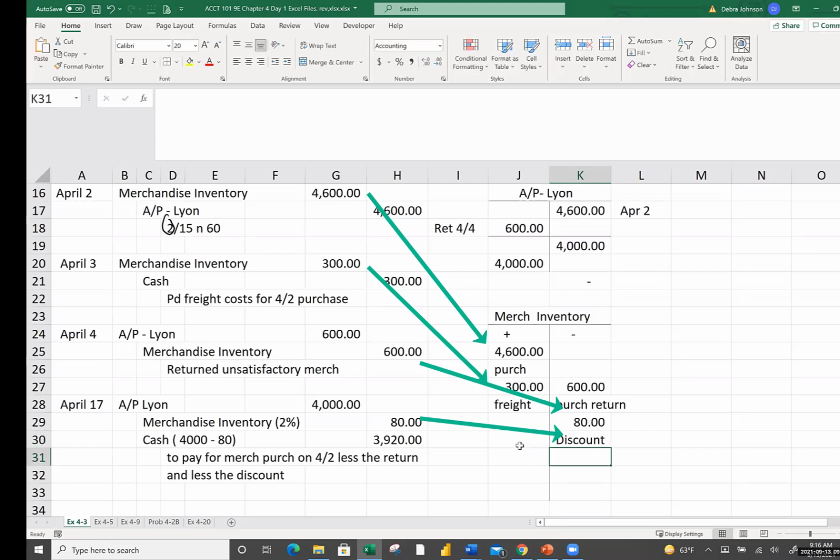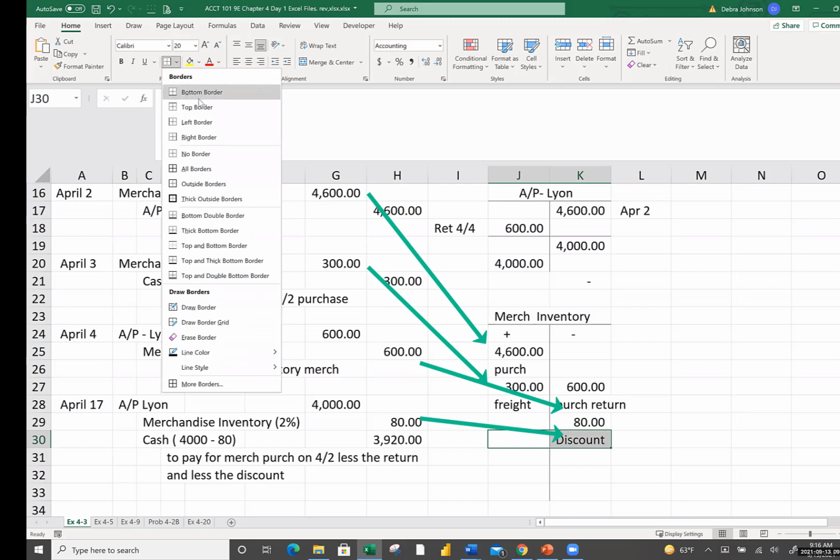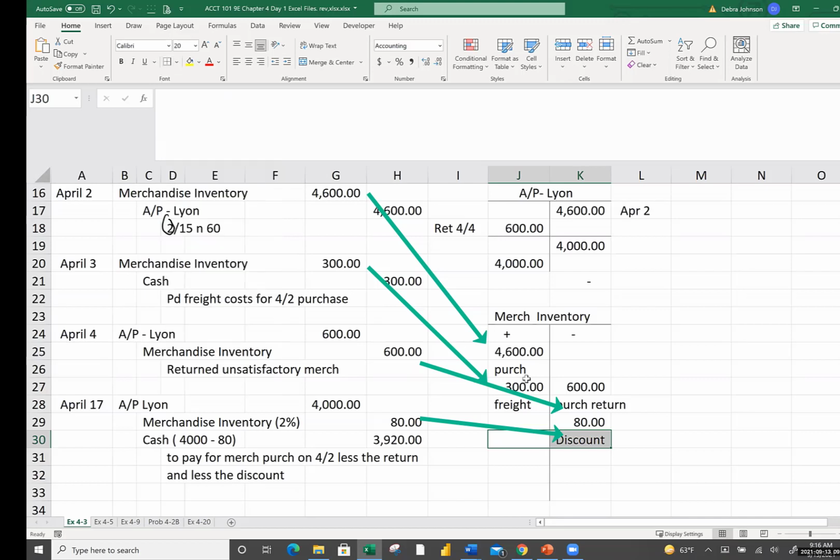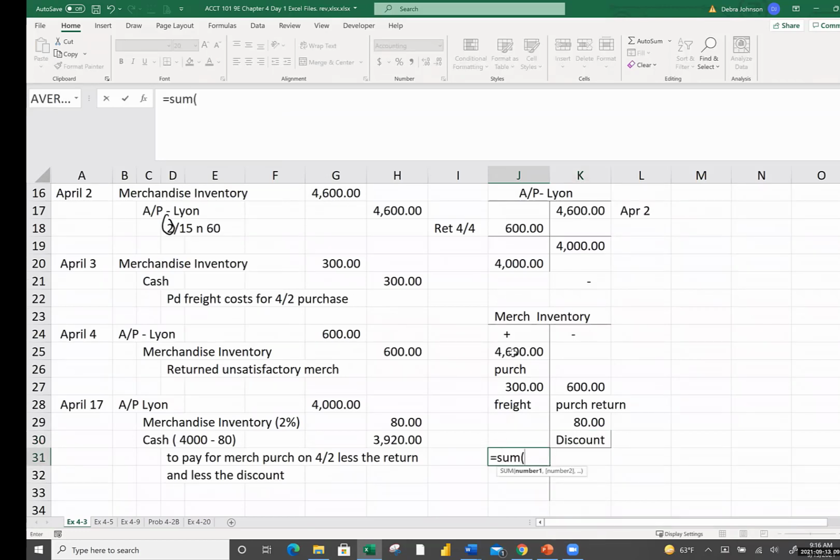If I were to foot this, this would be how much is sitting in the inventory account. What was the cost of all the inventory that you bought prior to that transaction? Let's add them up. I'm going to add up the left, and then I'll take out the right minus the sum.